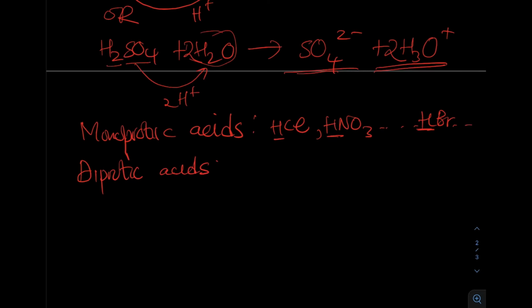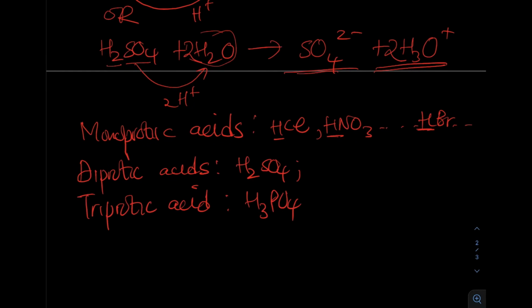The diprotic acids donate 2 protons, like sulfuric acid, and we have acids that are triprotic. Triprotic acids. Triprotic acid is phosphoric acid, H3PO4. That's the acid that is triprotic.